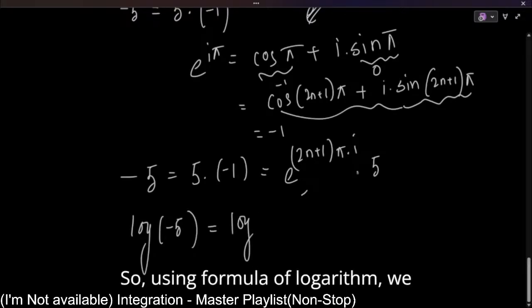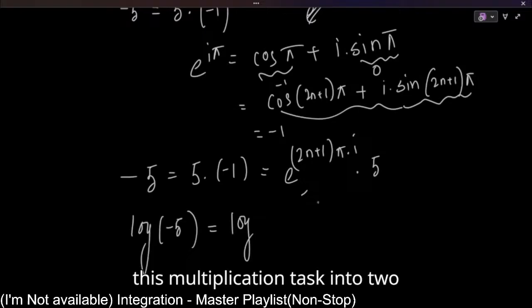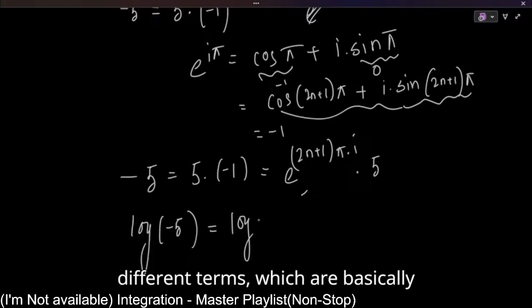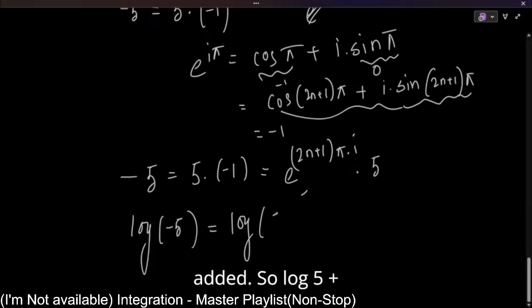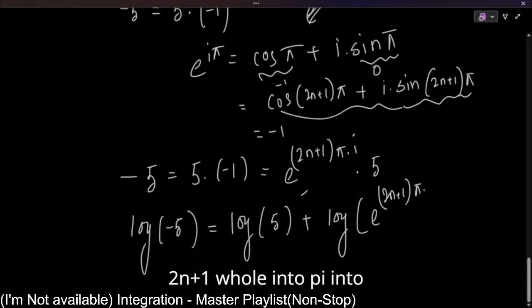Using the formula of logarithm, we can separate this multiplication into two different terms which are added. So log 5 plus log of e to the power (2n plus 1) whole into pi into i.